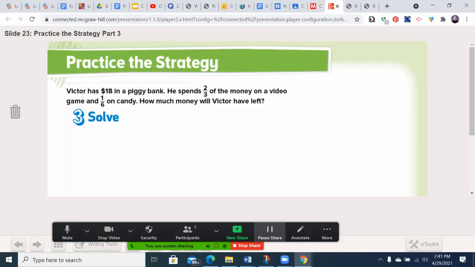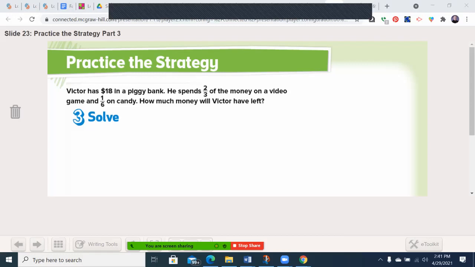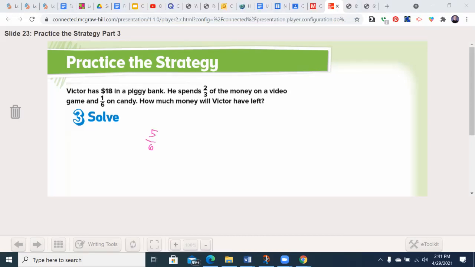Solve. Now there's a couple steps here to solve. First, I have to see how much he spent. And I know that 1/6 and 2/3 is going to be 5/6. And that's because 2/3 is 4/6. So 5/6 of 18.